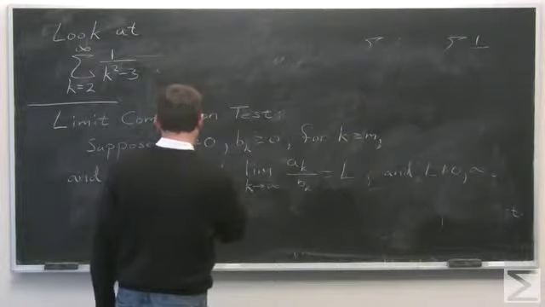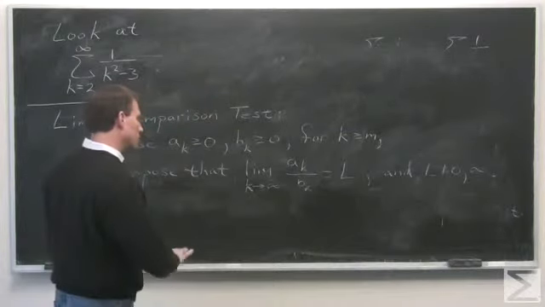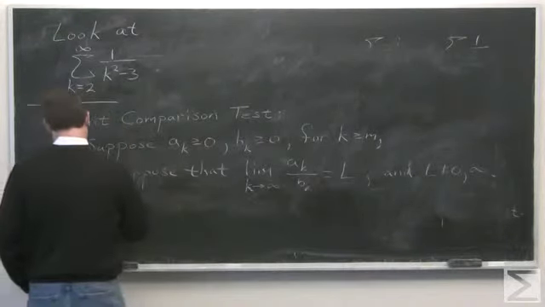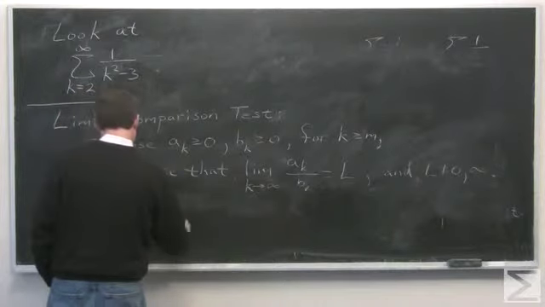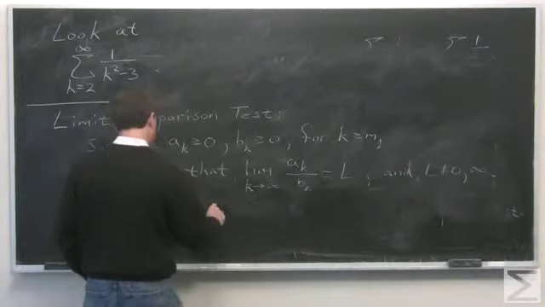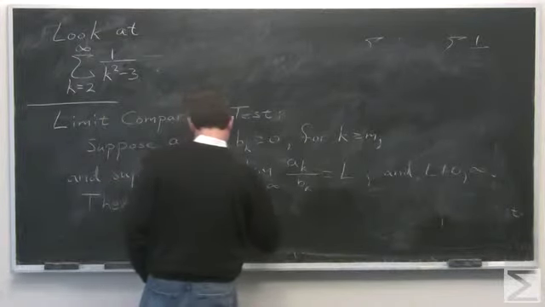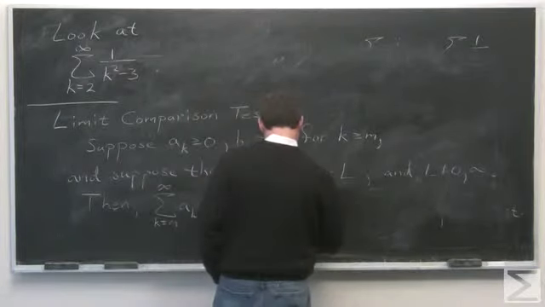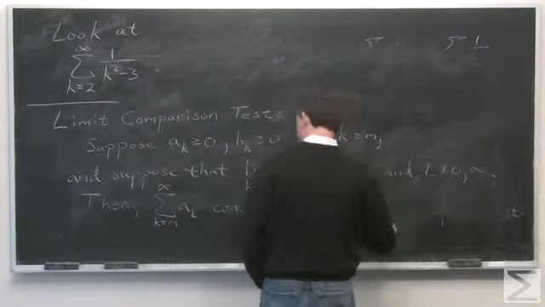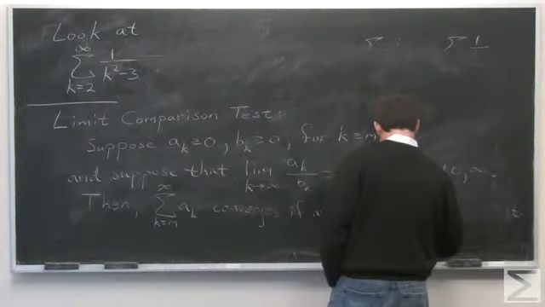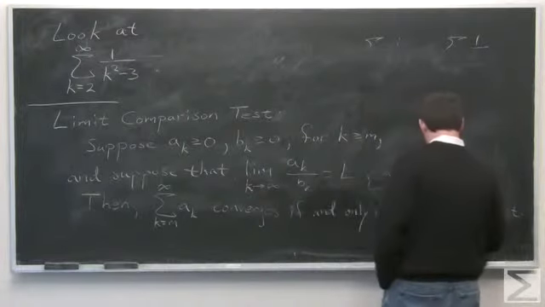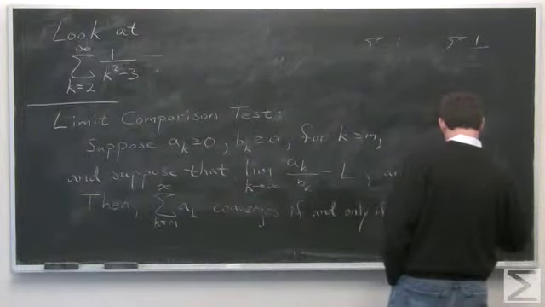So I'll let you look up the more precise, or the more general statement in the book, but this is the typical case, and then the sum as K goes from M to infinity of the AKs converges if and only if the sum as K goes from M to infinity of BK converges. So either they both diverge or they both converge. That's what it says.